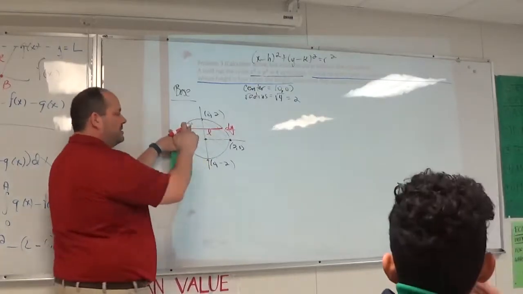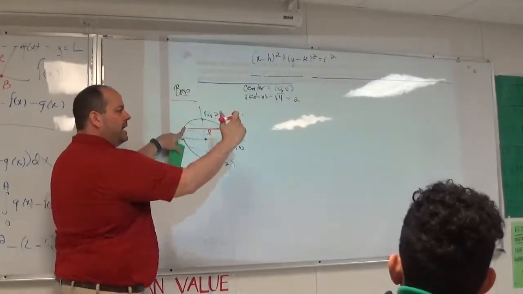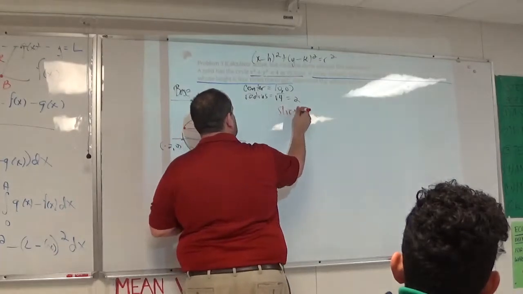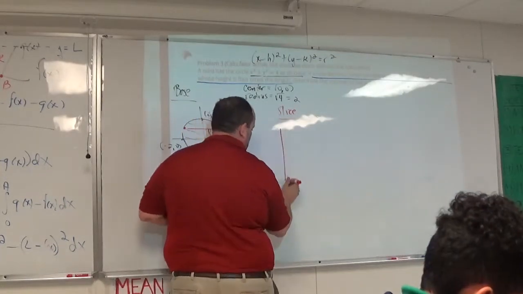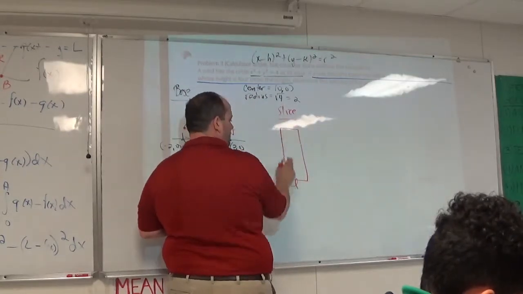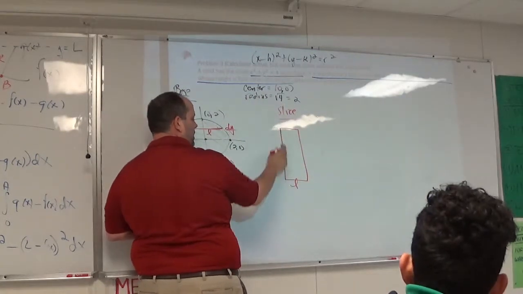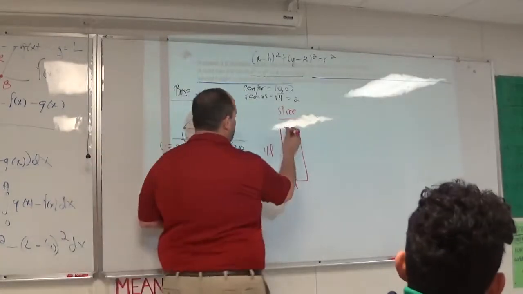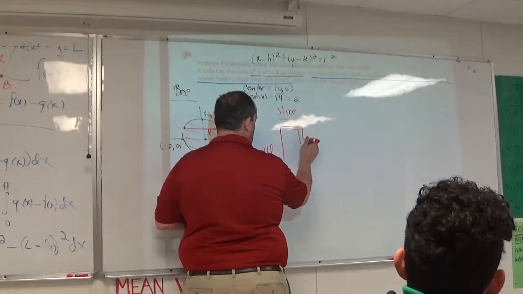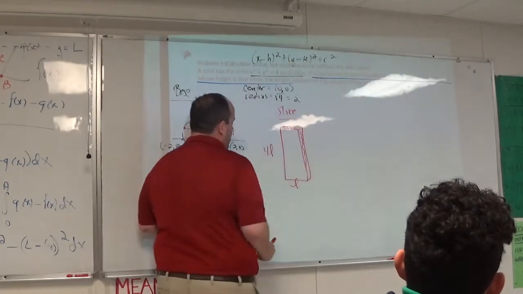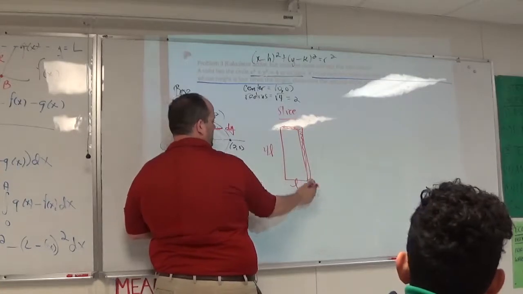There's the length, come out of the board 4 times, whoop, and go back. That's why I like to come over here and draw the slice separate. Here's my slice. L, how tall? 4 times L. It's got some thickness. How thick? What's the thickness? dy.